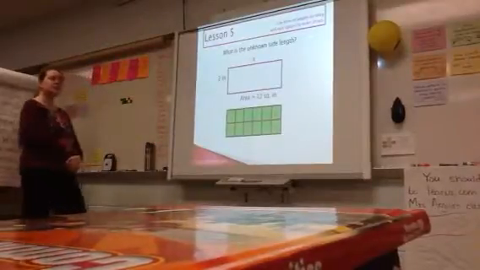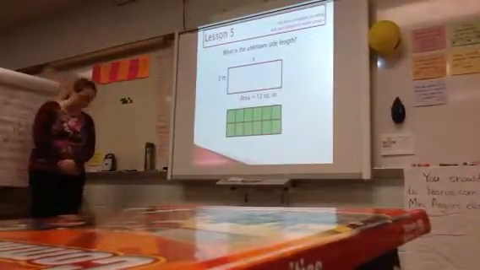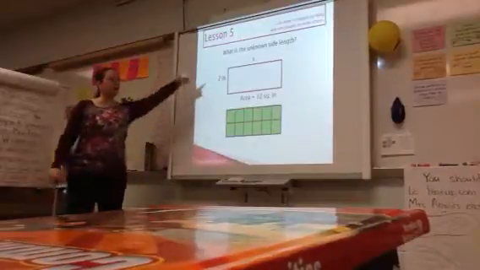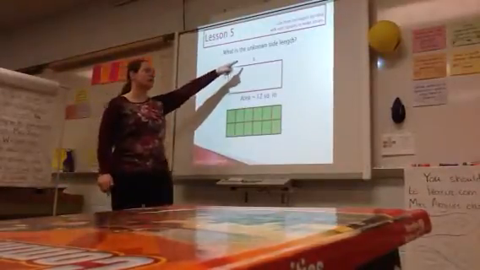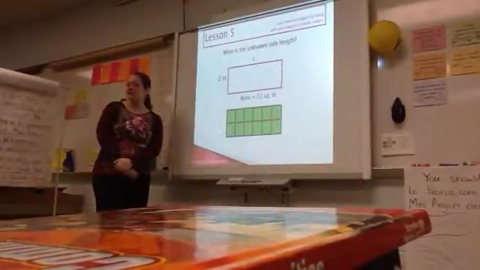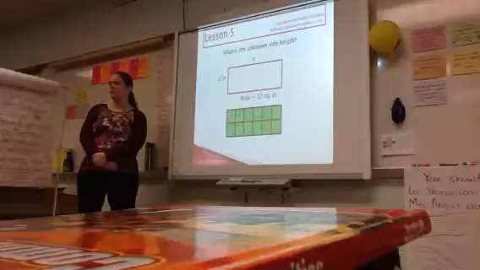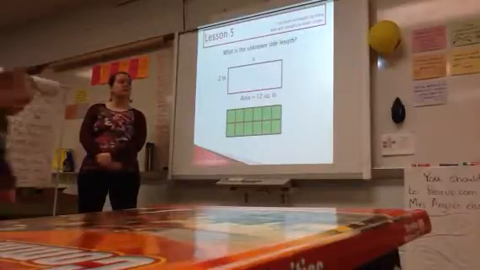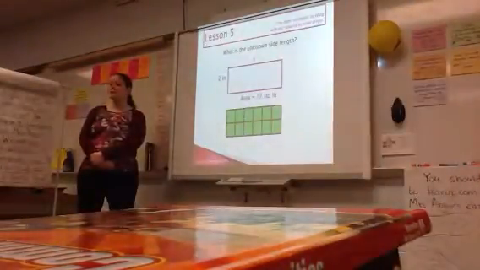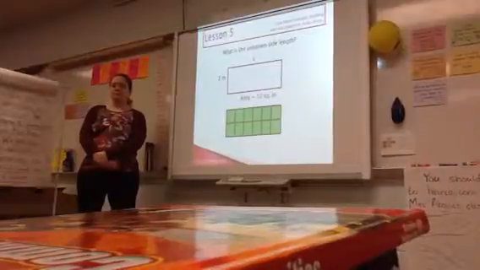So what is the unknown side length? Looking up here, we know that this is 2 inches. We know that this is S. What does S equal, Cole? What is the unknown side, S? Trey? 6.